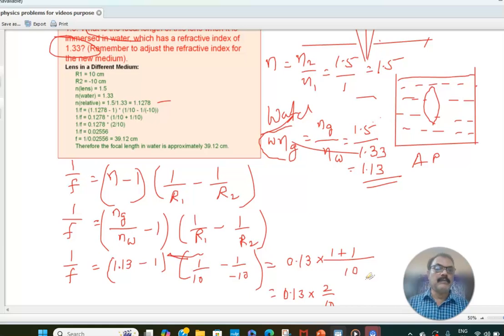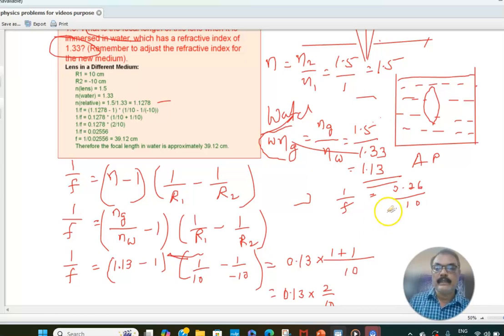Then the remaining answer is very simple. So 1 by F is equal to 0.26 divided by 10. ये हो गया आपको answer.